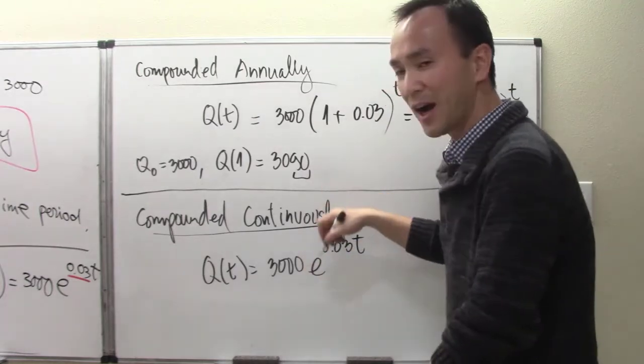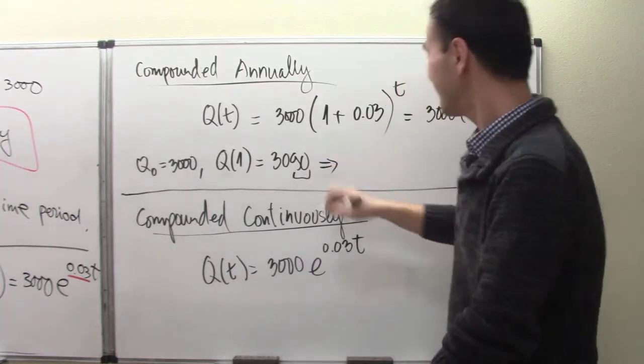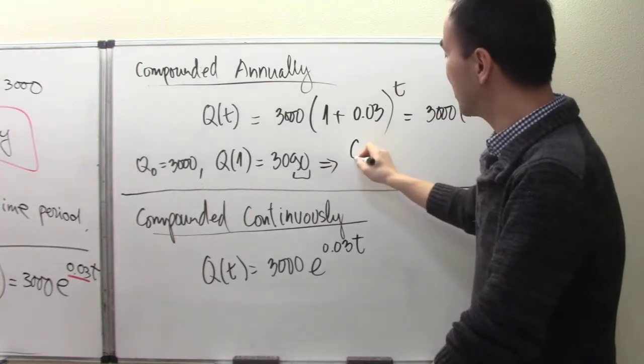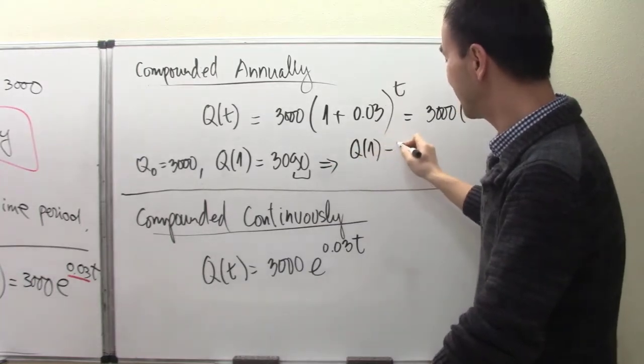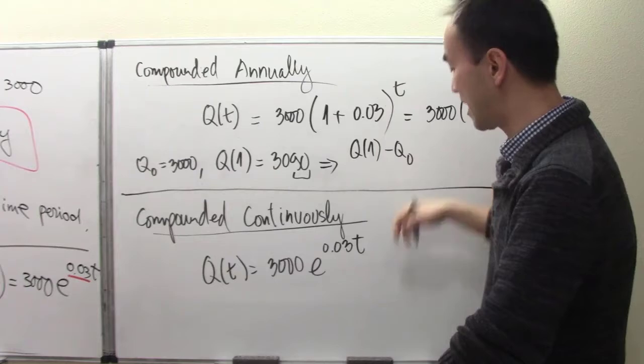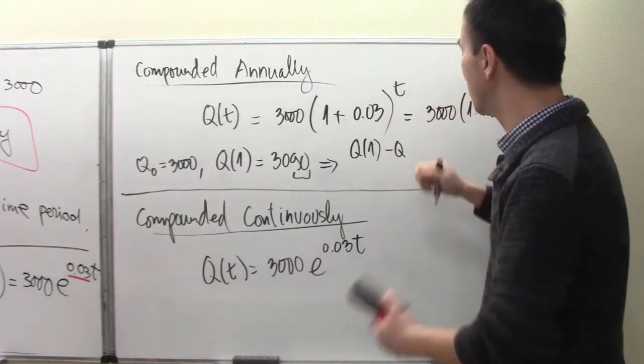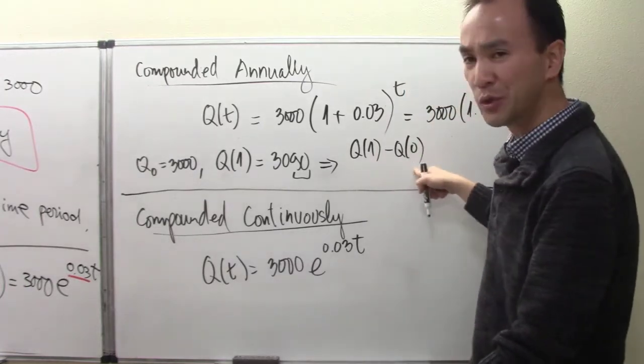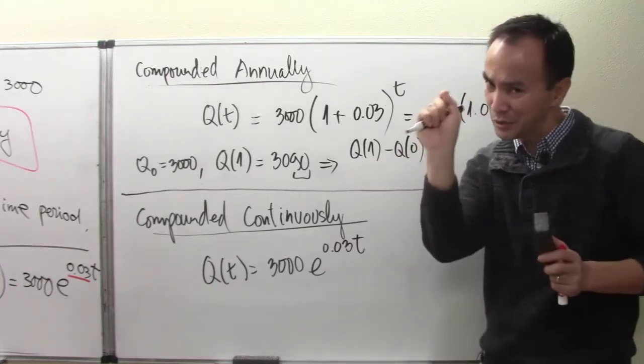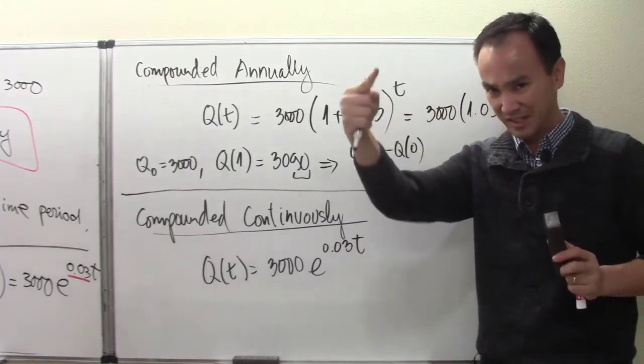So let's do the following math. I'm going to go with Q1 and take the difference between Q1 and the initial amount, or let's use a formal symbol, Q1 minus Q0. That's 2 consecutive time points.